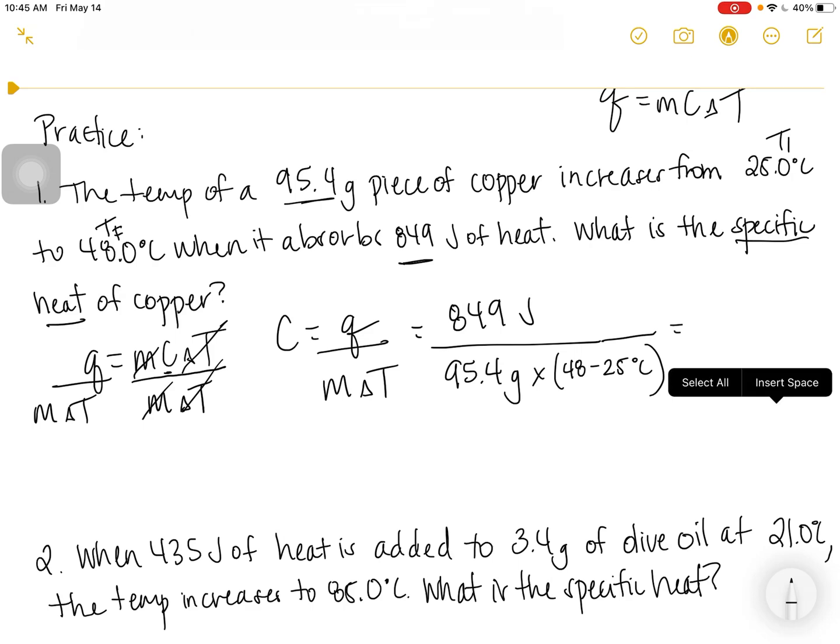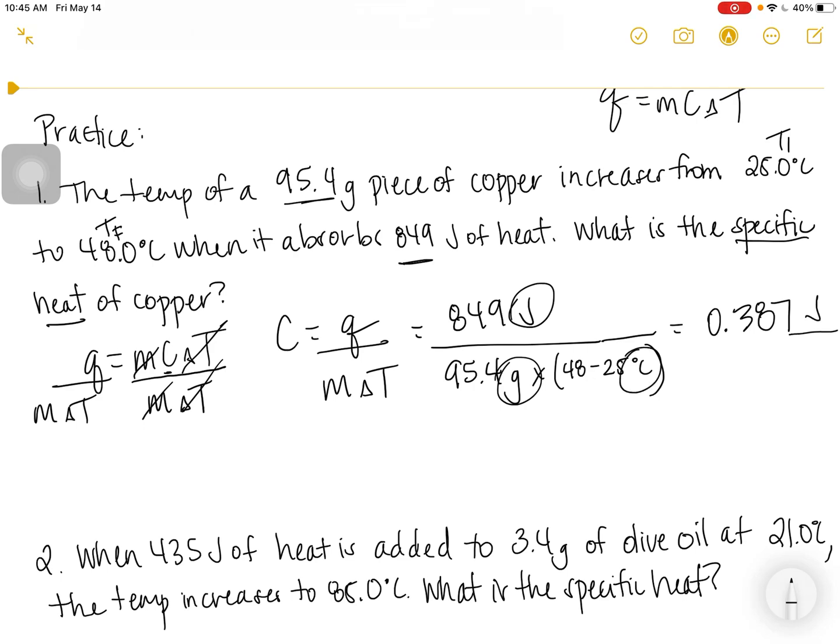I put this in my calculator. I round to sig figs, to 3 sig figs. This is my number, with the units of, because nothing canceled, joules per gram degree Celsius. So that's the specific heat of copper.